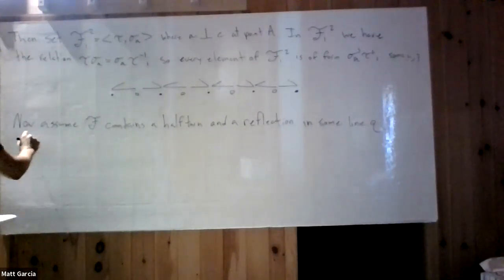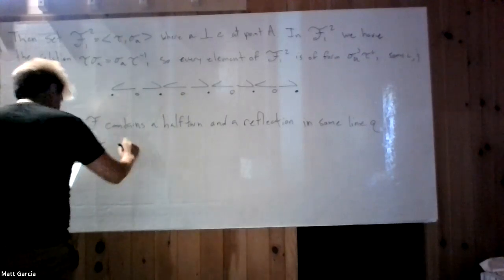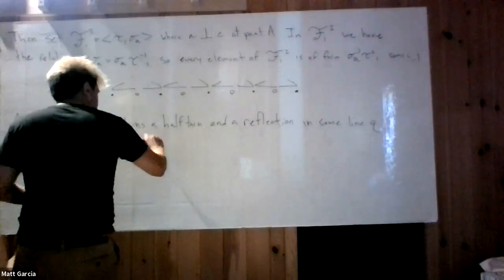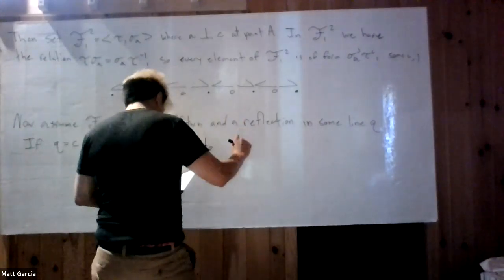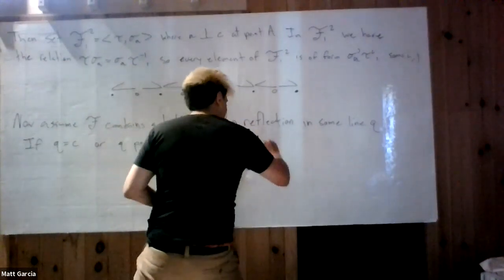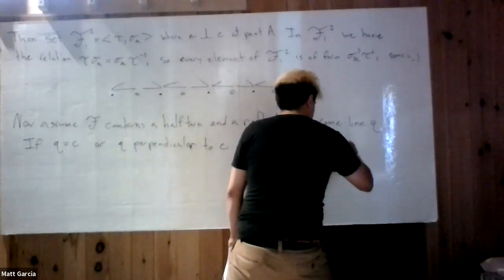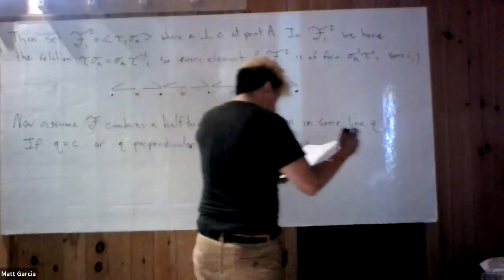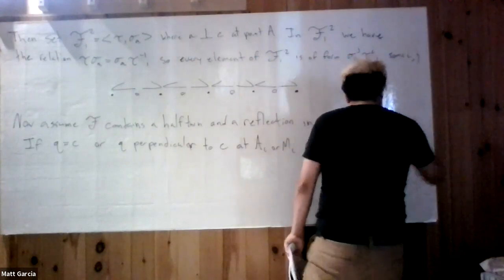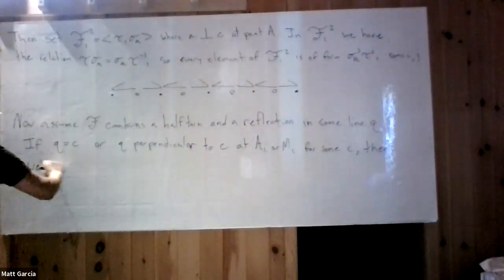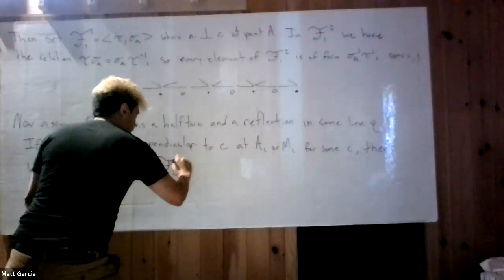Okay, so if Q equals C, or Q is perpendicular to C at A_i or M_i for some i, well, then we're just back to F21. Then we're in the case of F21.